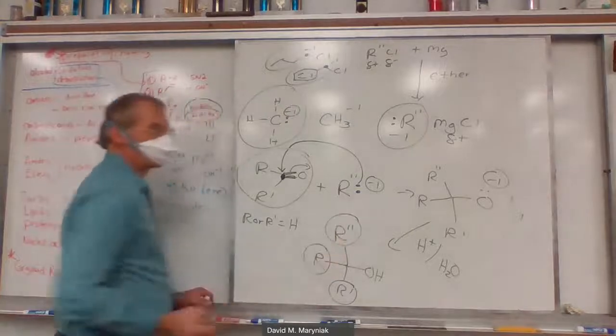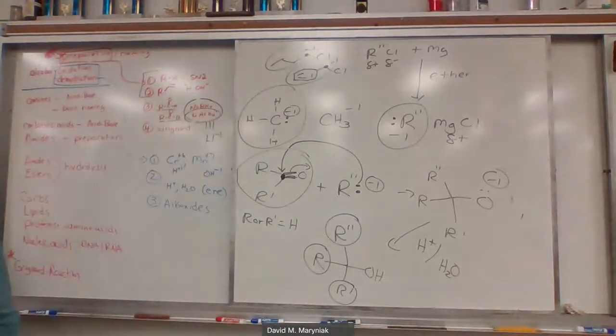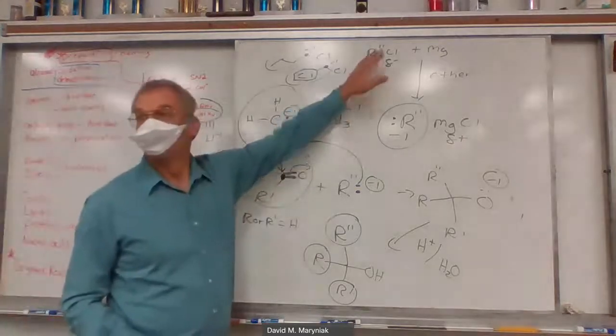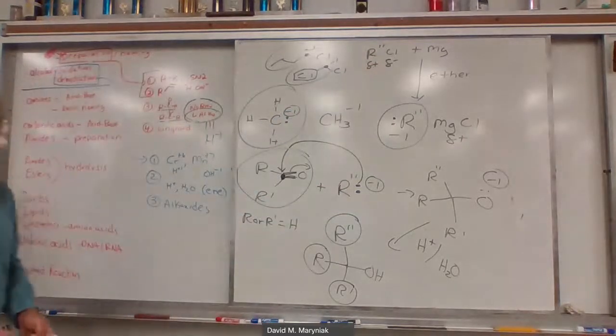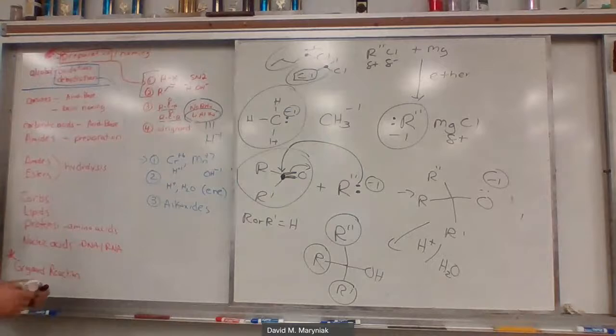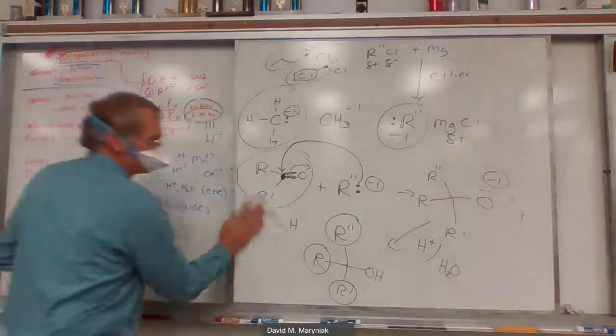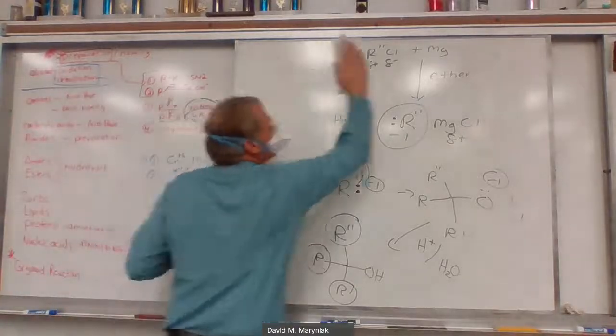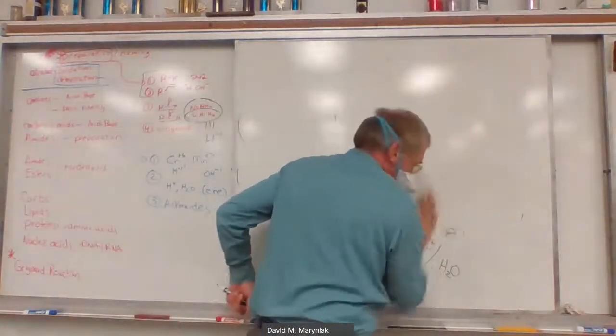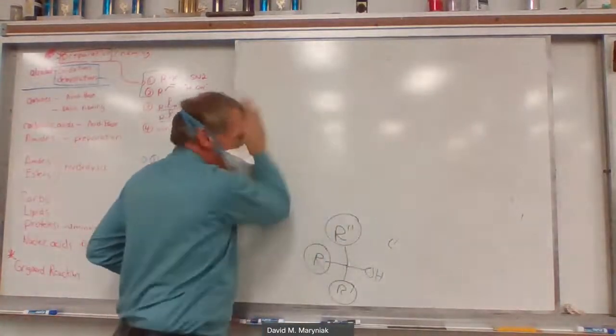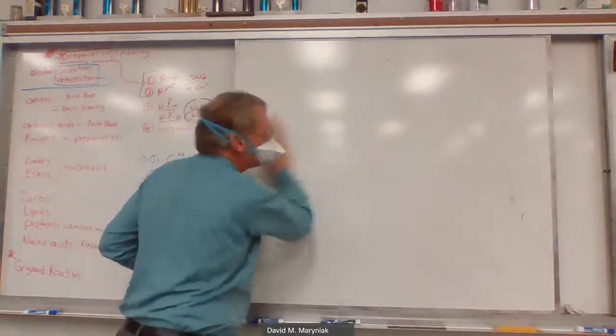And the 3rd carbon group comes from the Grignard, which ultimately came from an alkyl halide. So we'll do 3 specific examples to show how we get different things.